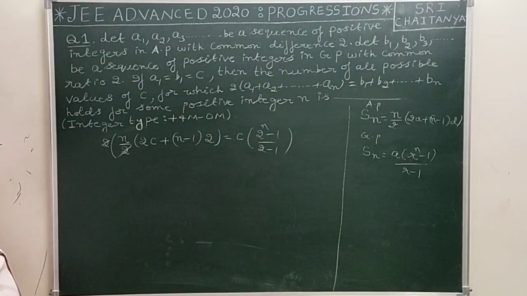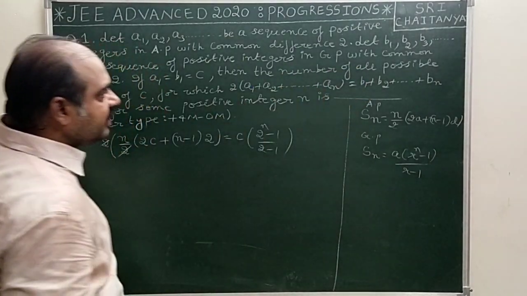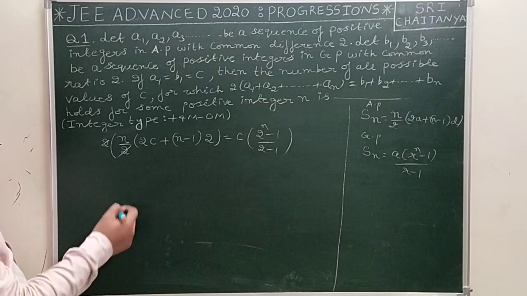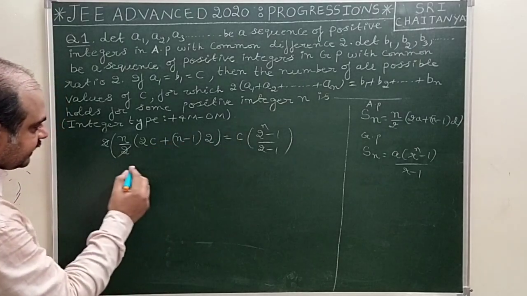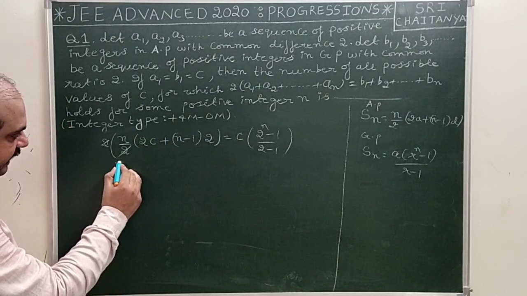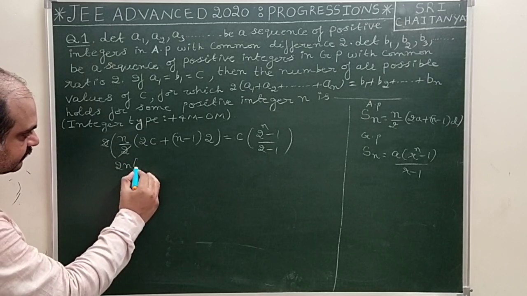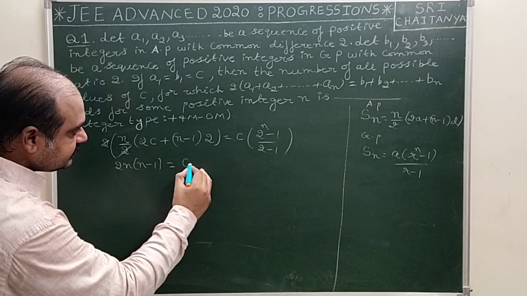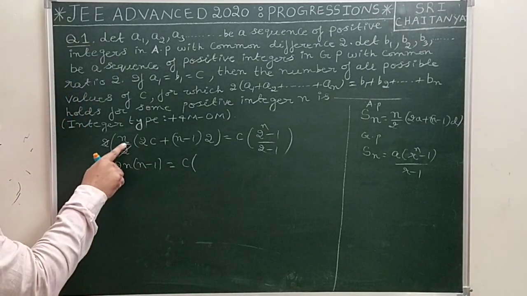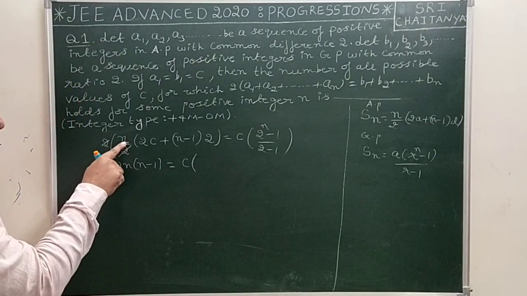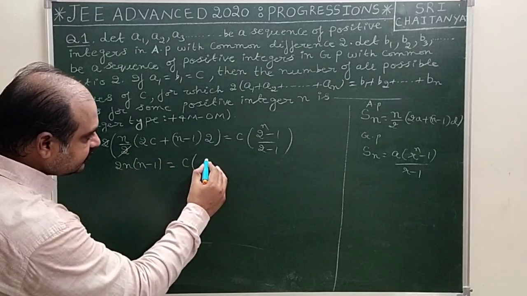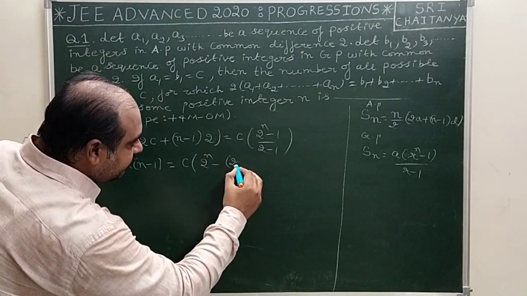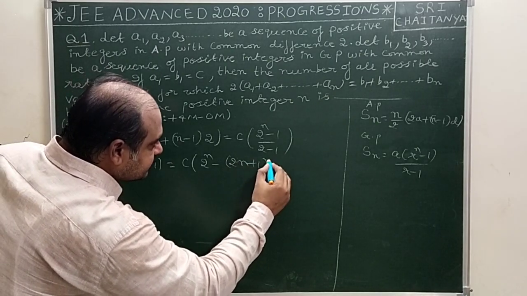Now what you have to calculate is the number of all possible values of C. Let us calculate C. Bring all C terms to one side and non-C terms to the other side. The C terms are 2n on one side, so you will get C times (2 power n minus 2n plus 1).